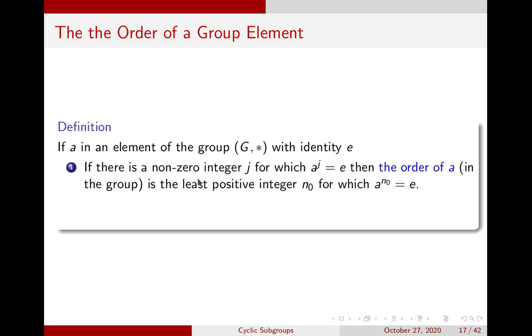Well, if there is a non-zero integer j for which a to the j is equal to the identity, then the order of a is the least positive integer n sub 0 for which a to the n sub 0 is the identity.